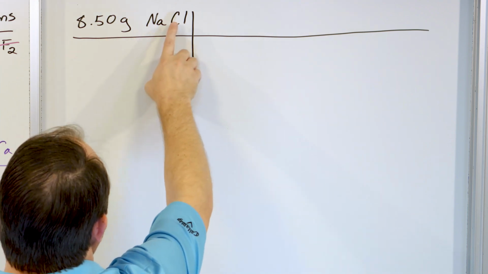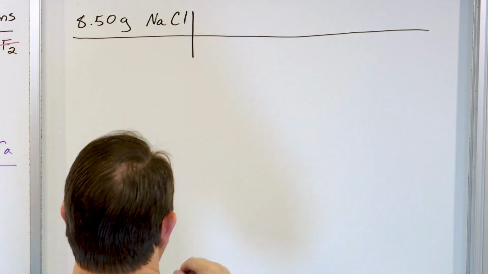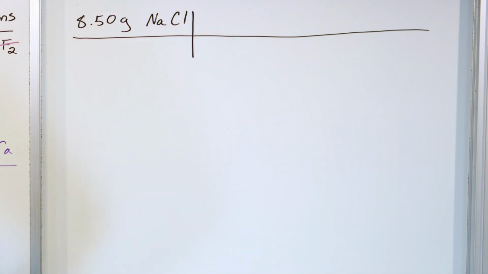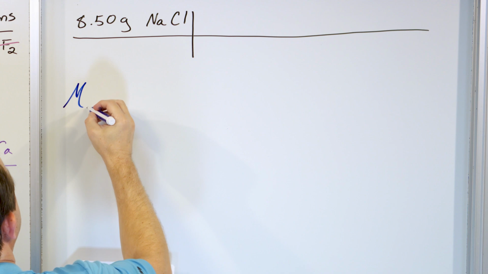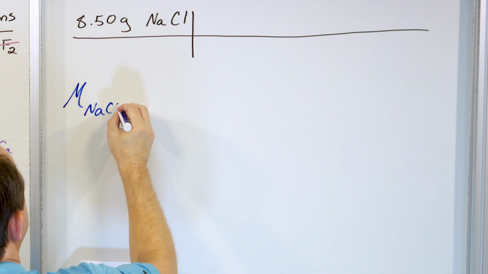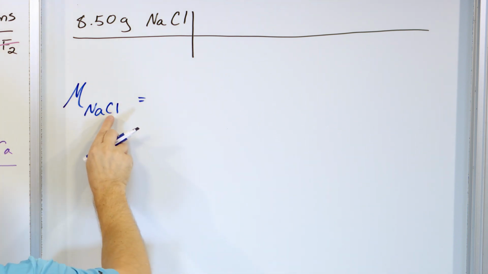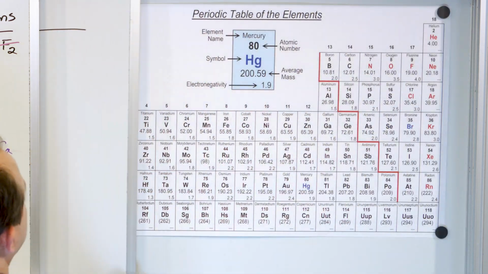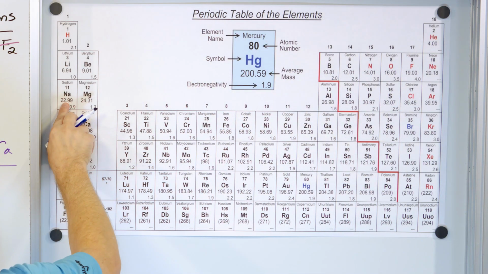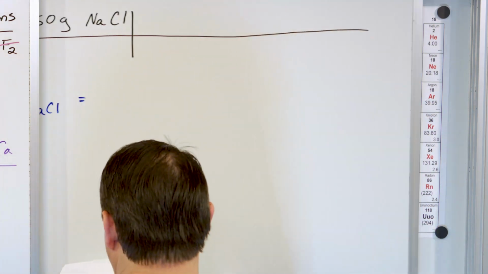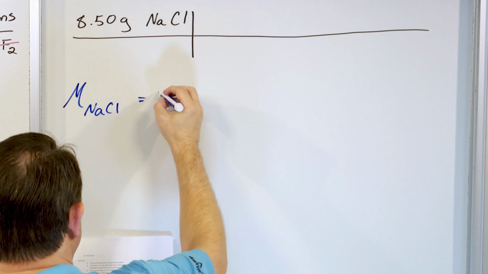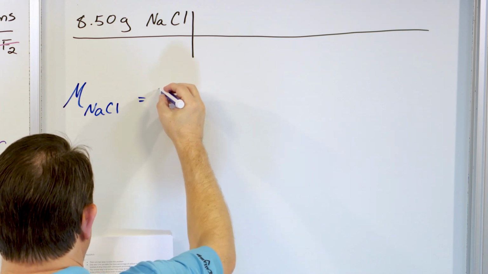I know that grams of sodium chloride I can convert to moles of sodium chloride, because I can look at the periodic table and find the molar mass of sodium chloride, which would be the mass of sodium and the mass of chlorine. So if I look at sodium, it's 22.99, and the mass of chlorine is 35.45. Both of those are in grams per mole. So I'll use extra digits as I usually do.